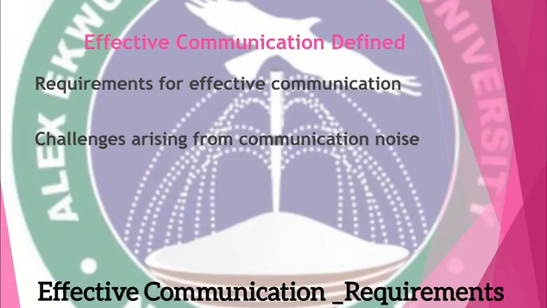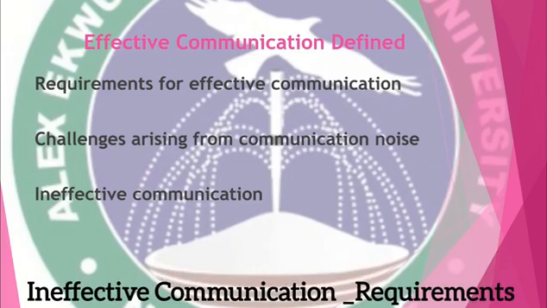So these are the major requirements for effective communication. Then ineffective communication is also there, of course, when the message does not yield the expected outcome. Then the communication is said to be ineffective.